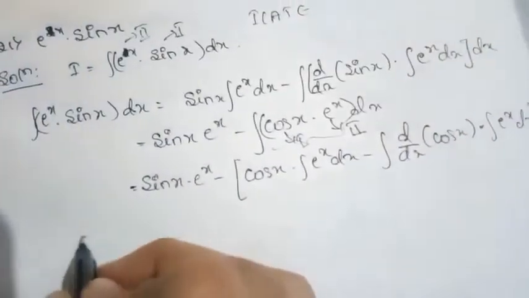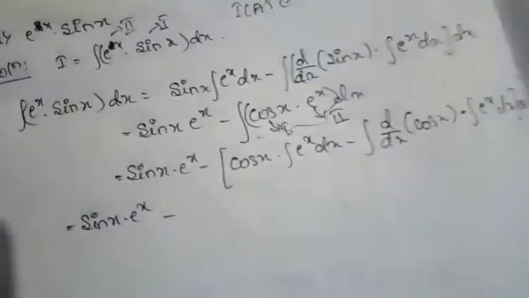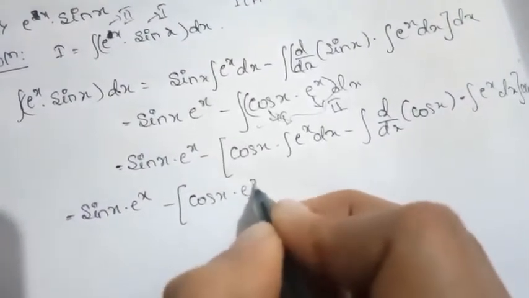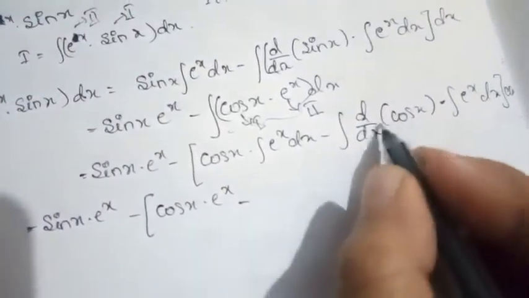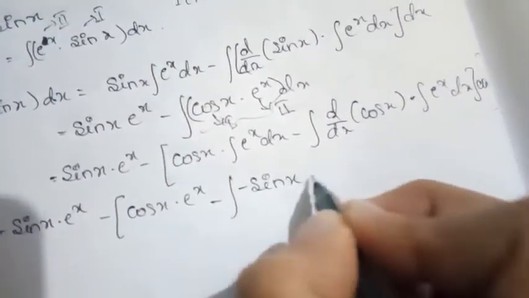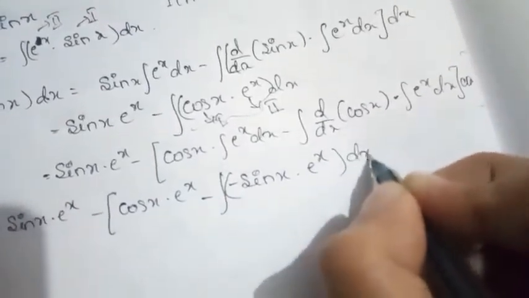Now sin x into e power x minus [cos x, integration of e power x is e power x, minus differentiation of cos. What is the differentiation of cos? It is minus sin x into e power x into dx].